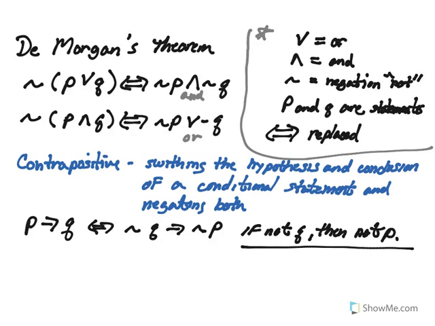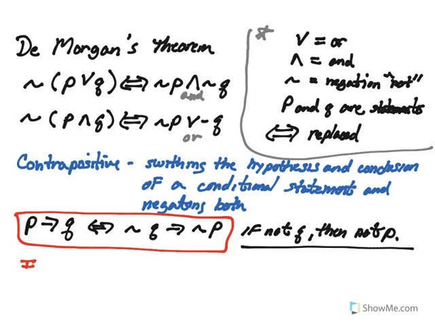To get a better sense of what it means, you can think of the following example. This is the contrapositive, and an example of that would be, whoops, I'm sorry, I wrote too close there.